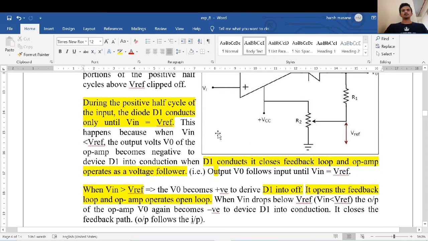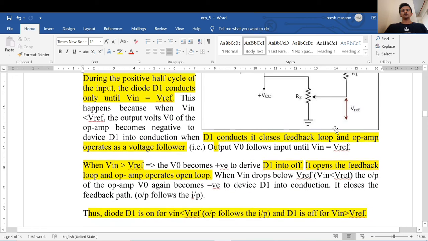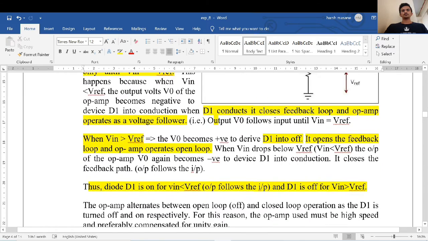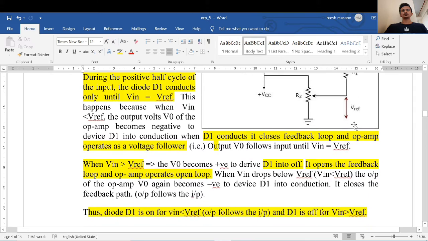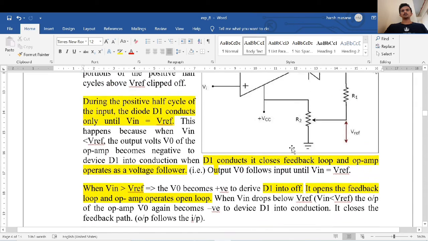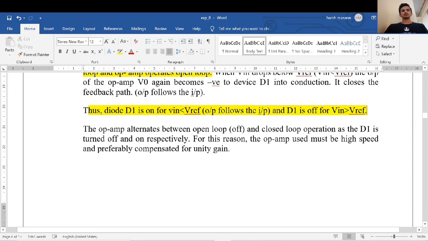And when Vin is greater than Vref, the diode D1 turns off, and it opens the feedback, and the op amp operates as an open loop. So here the output of the op amp goes to 0. Thus the diode D1 is on for Vin less than Vref, and the diode D1 is off for Vin greater than Vref. So let's open the circuit on LTspice.